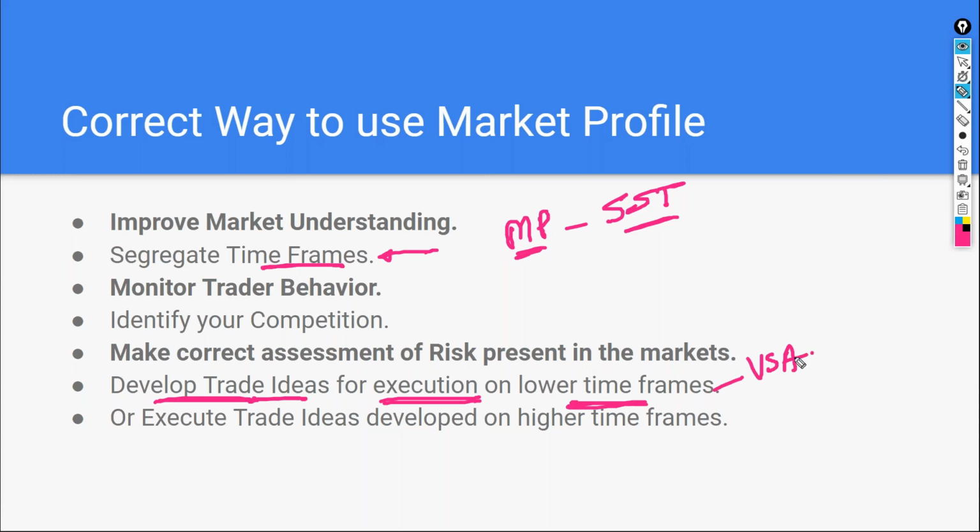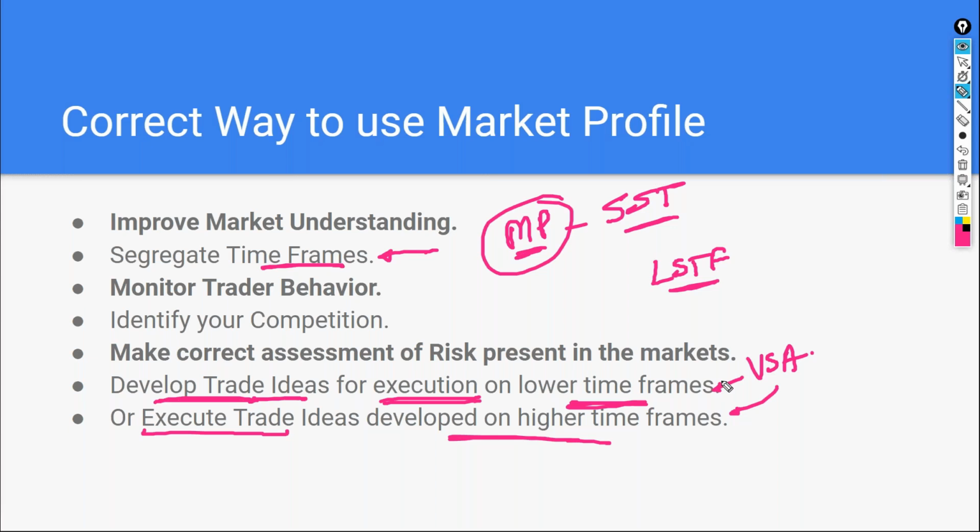On the other hand, if I want to trade from a higher time frame, say long swing time frame, I believe that, let's say, after a particular event, market is going to go in a certain direction for a while, I want to capitalize on that, I can execute my trades using market profile, which I have developed on higher time frames. Again, for higher time frames, you can use VSA.